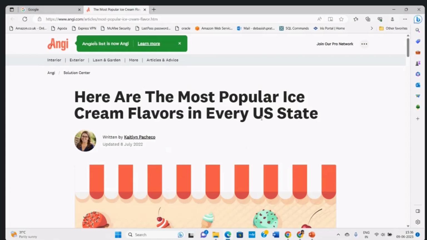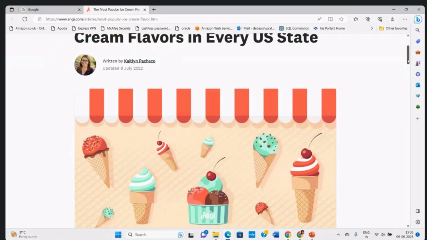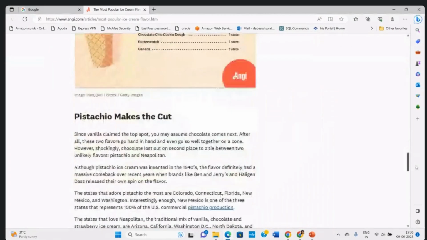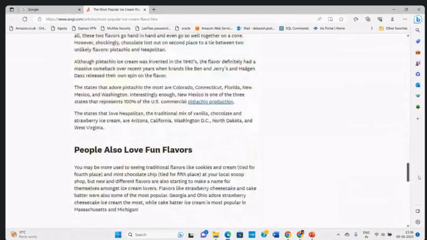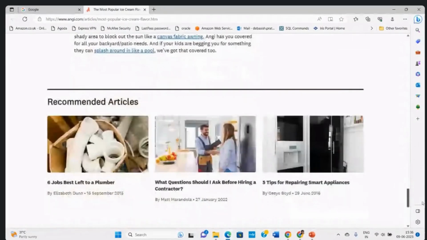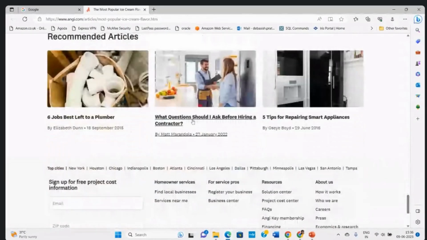Because of this analysis, when you go down this article, you will see that after doing all these things, it is showing you some recommended articles it deals with, like plumbing and contracting and home appliances repairing.